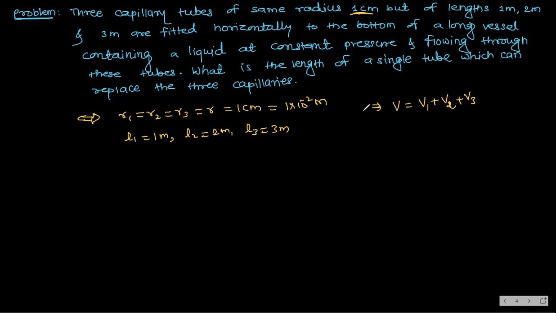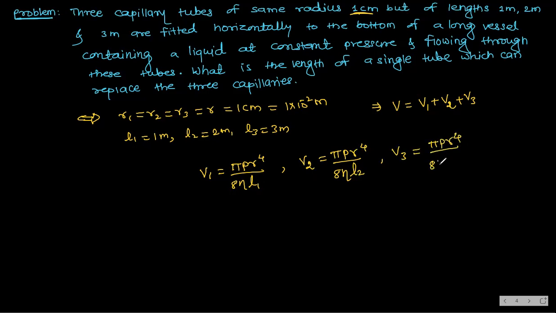Now radius we will keep the same. V1 is pi P R power 4 by 8 eta L1, because R1 is equal to R2 is equal to R3 is equal to R. Next V2 is equal to pi P R power 4 by 8 eta L2, and V3 is equal to pi P R power 4 divided by 8 eta L3, and V is equal to pi P R power 4 by 8 eta L.